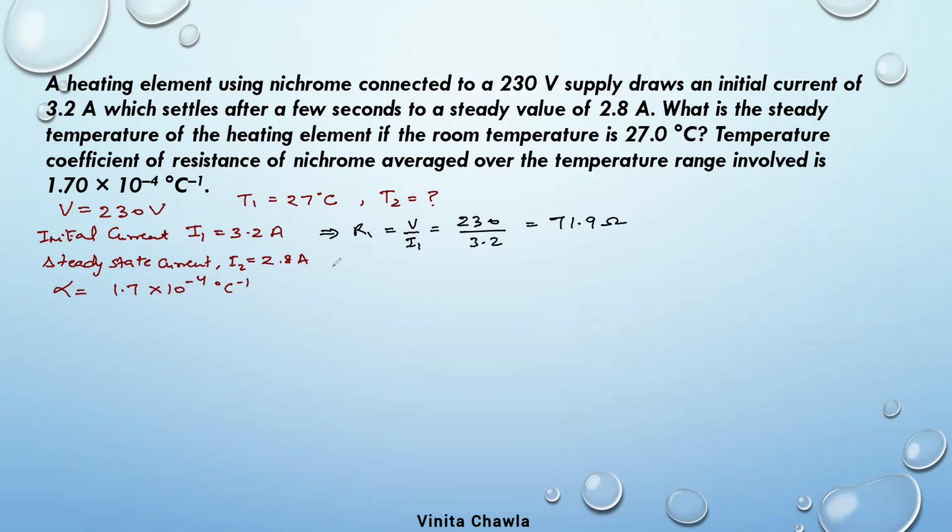Similarly, find R2. It's V by I2, 230 upon 2.8. It's 82.14.